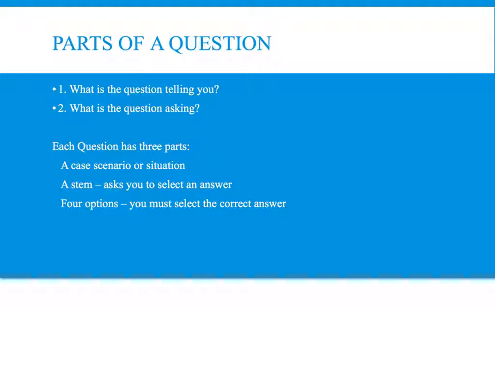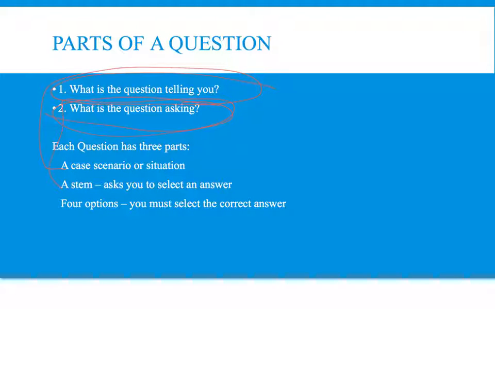It's important to decipher from this piece of the question what is the question asking? So the case scenario is telling you something, and then the stem is the question you are being asked. Sounds very easy. However, it is important that you clearly understand what you are being told and that you clearly understand what you're being asked.